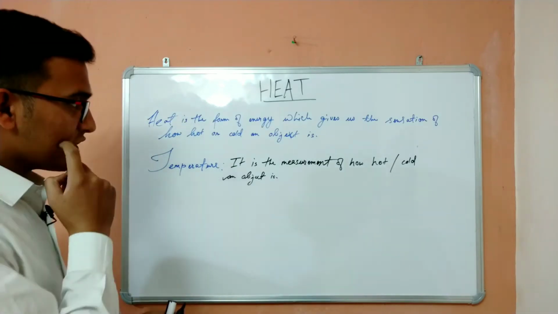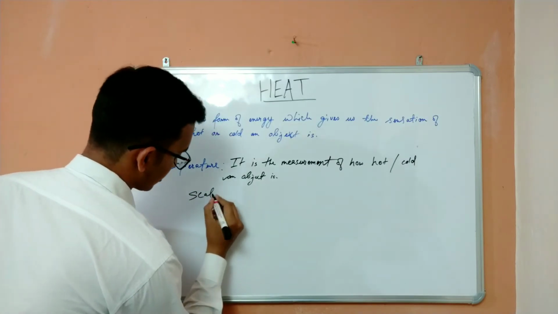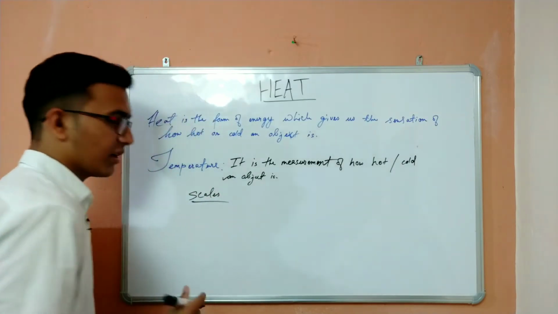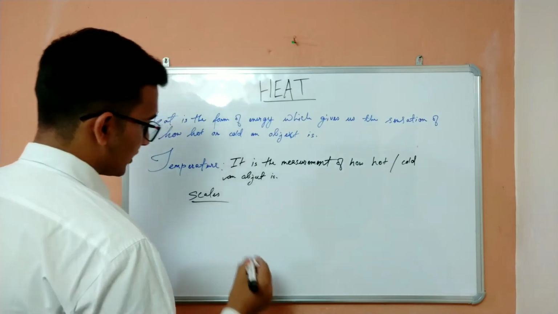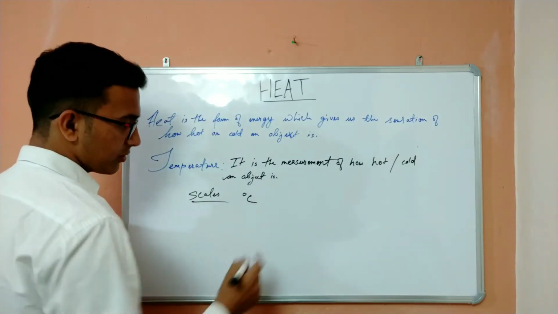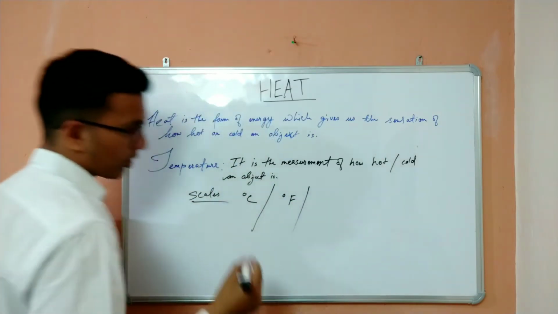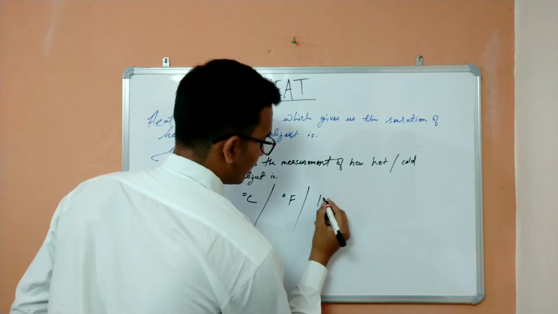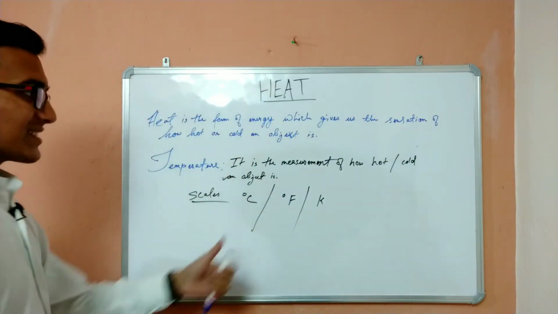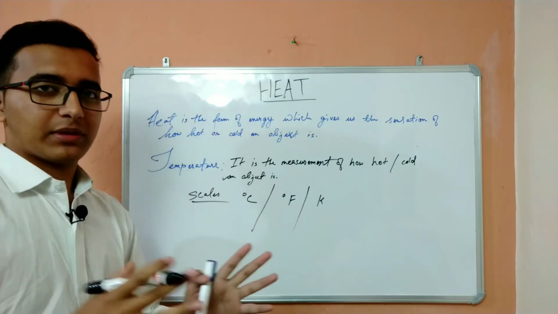Now, for measuring temperature, we have some scales. Not those scales that you have in your pencil boxes, not those ones. We use degree Celsius to measure temperature, or we use degree Fahrenheit, or we also use Kelvin. The SI unit, I've already said in the physical quantities and measurement chapter.